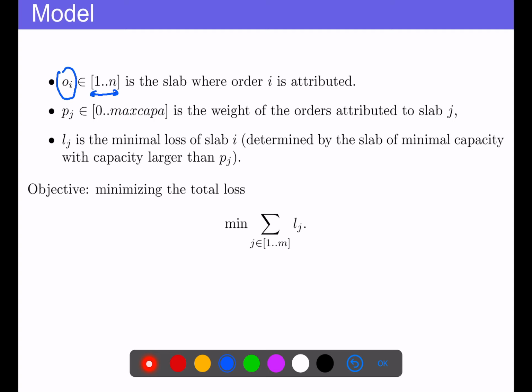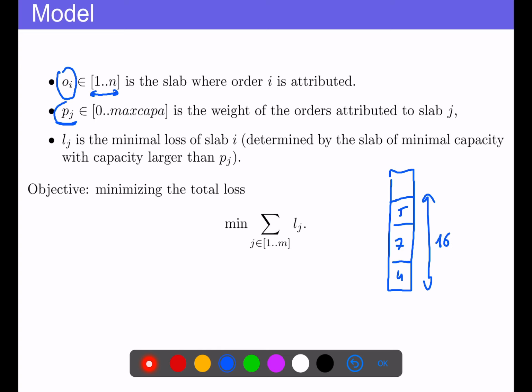This is the weight of the orders attributed to slab j. Okay, this is the total weight of the orders attributed to slab j. So assume that I have a slab here that I'm using that has been assigned these orders. This one is 5, this one is 7, and this one is 4. Then the Pj here is equal to 16.